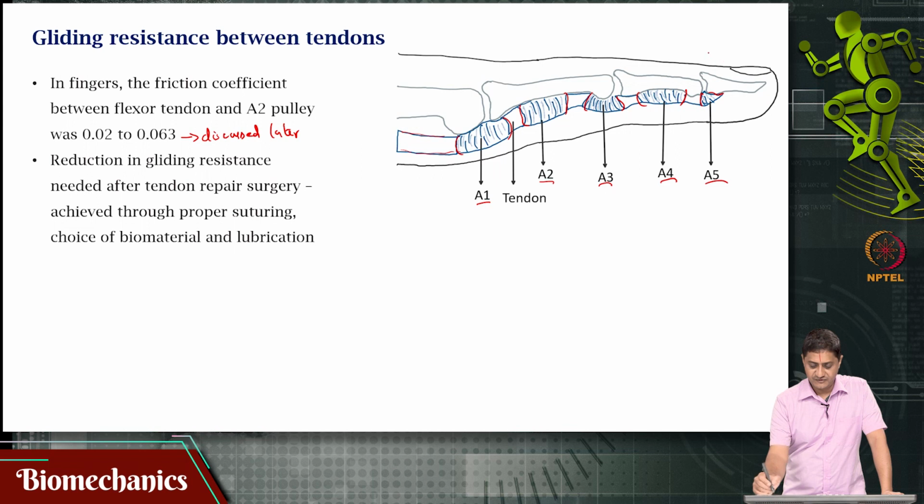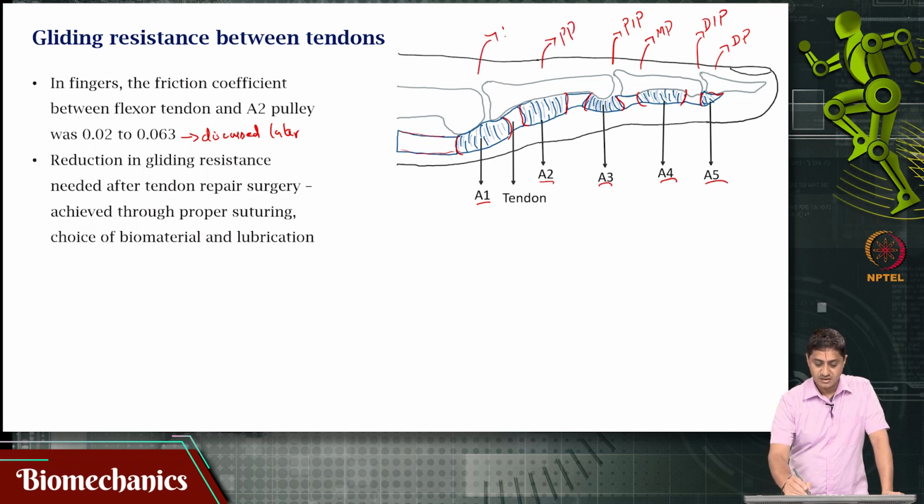Remember, this is the whole finger, this is the distal phalange, this is the DIP joint, this is the middle phalange, this is the proximal interphalangeal joint, this is the proximal phalange, this is the metacarpophalangeal joint. Am I correct?